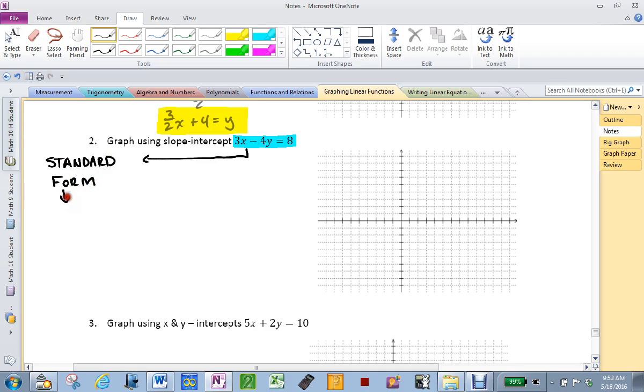And standard form is just general with C isolated. So it looks like this. AX plus BY equals C. Other than that, it's got the exact same rules. Everybody okay? So this guy's in standard form.